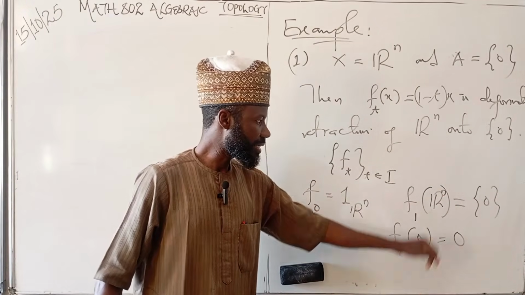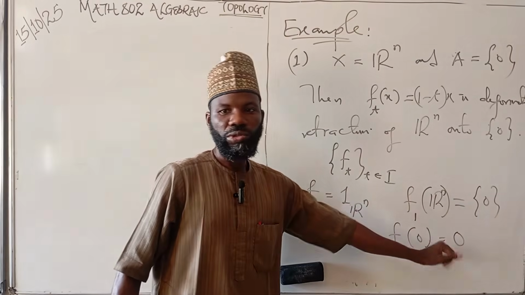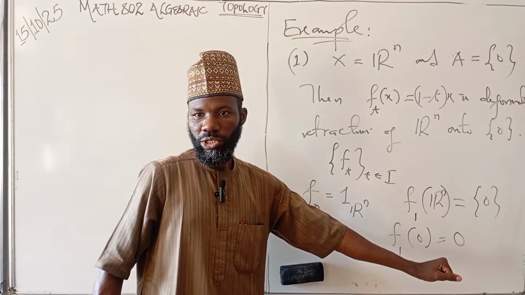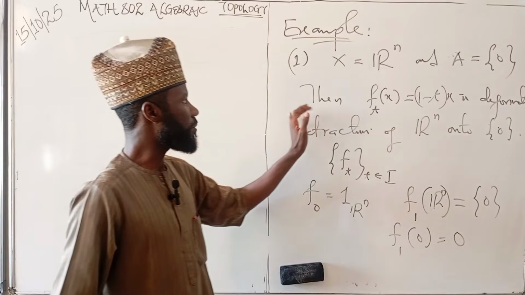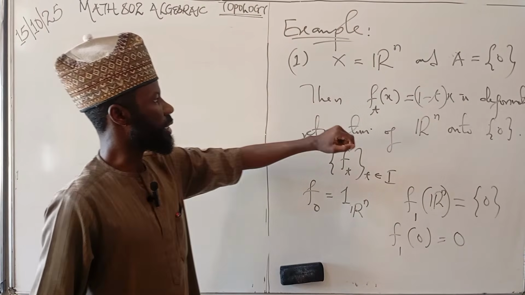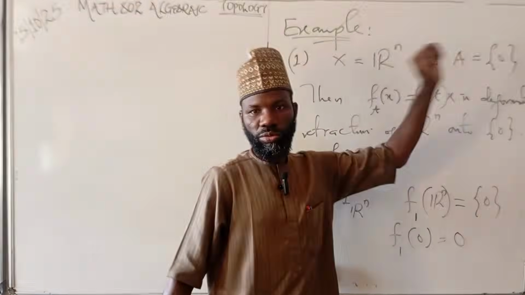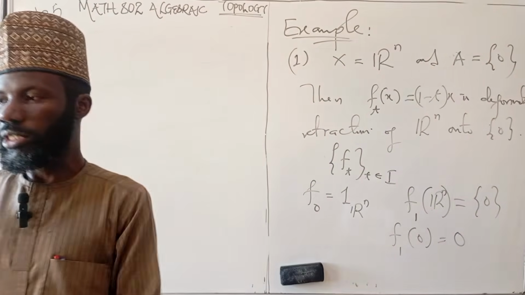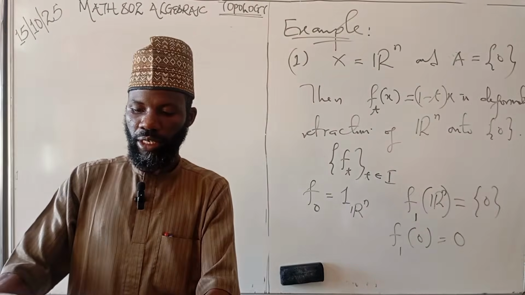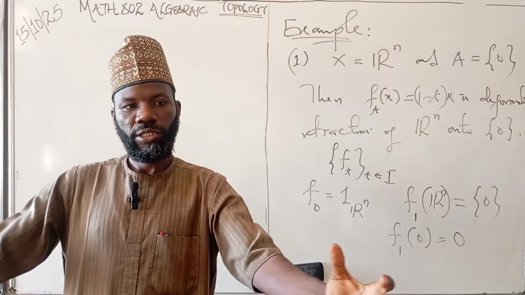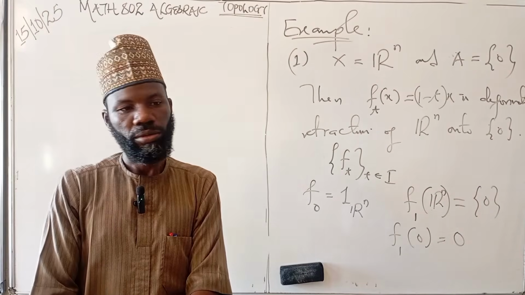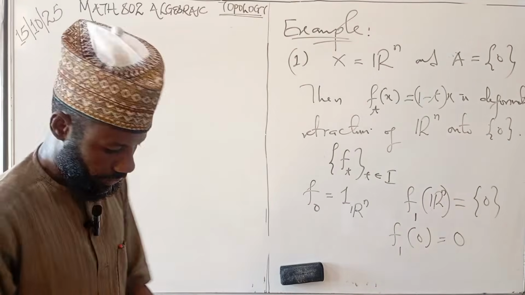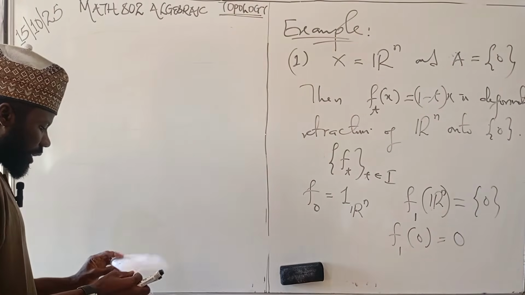So it's a retraction of the entire space onto 0, its subset. Therefore, this space deformation retracts to 1 point. So you can collapse the entire space. In fact, any such convex space can be collapsed down to a point in the Euclidean space.